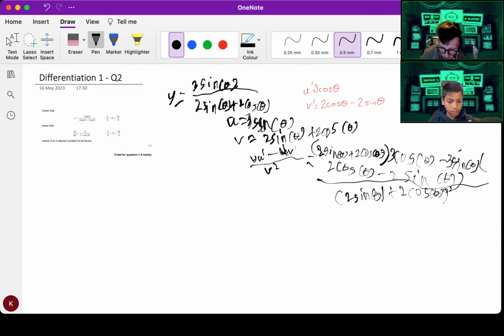Let me just write down what you've done in one line so we can see it clearly.